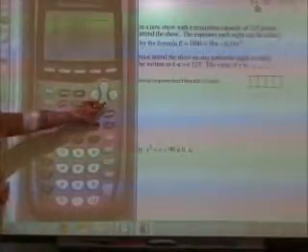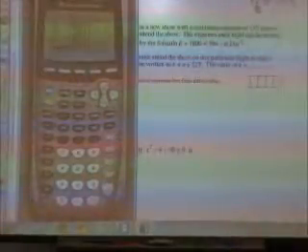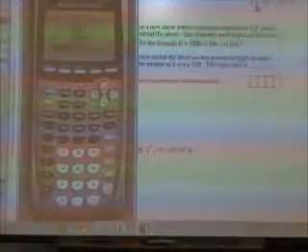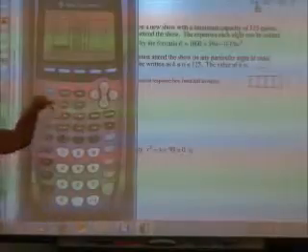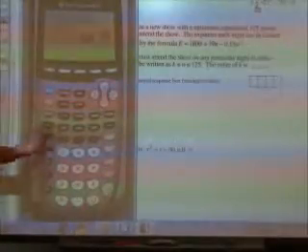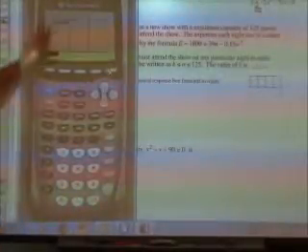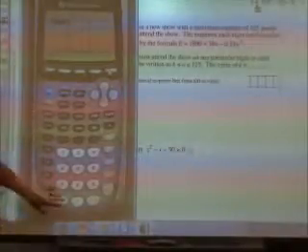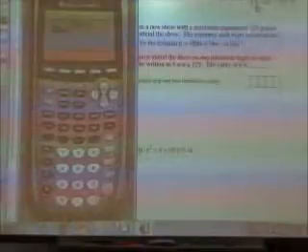At 0 people, I'm at $1,800, and it just goes up from there. I actually have to go up to 125. I could scroll down to 125, or I could go to my table set, go to independent, and set the table to ask. So I can go from 0 guests, which is $1,800, to 125 guests, which is $4,300.